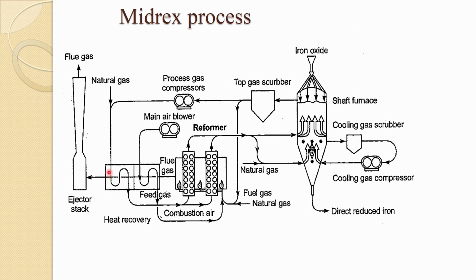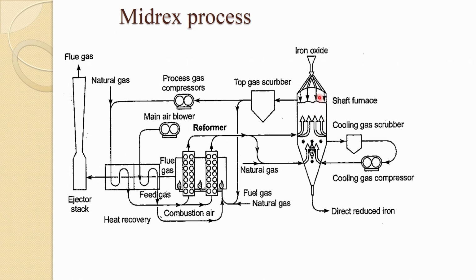Then these gases go out to the chimney as flue gas, and some of the top gas is recirculated and reformed again. So, this is also a heat recovery unit, combustion unit and reforming unit, and this is the main shaft where the DRI is produced. This is essentially the basic principle on which the Midrex process works.